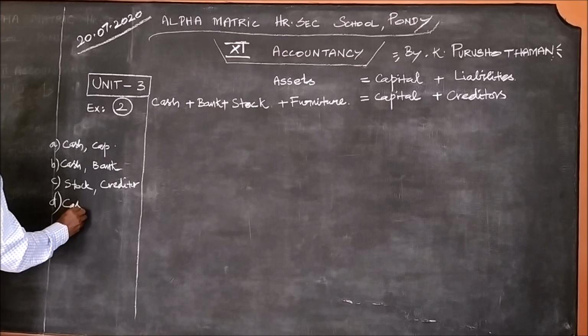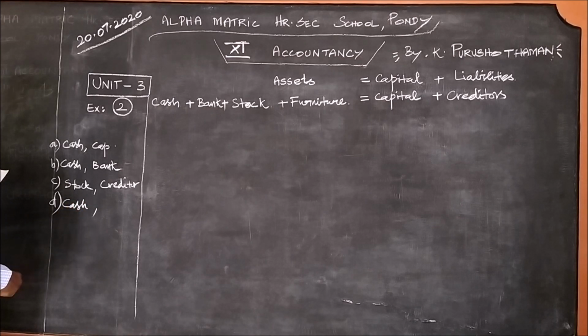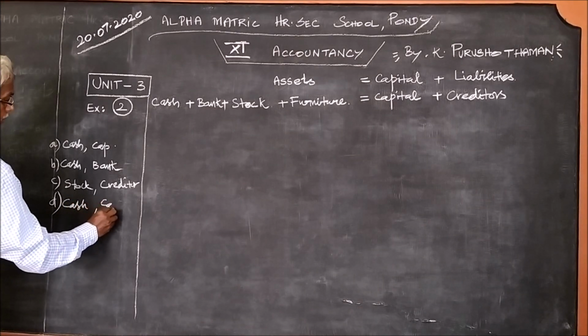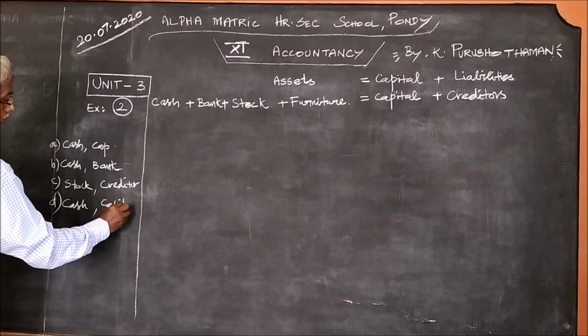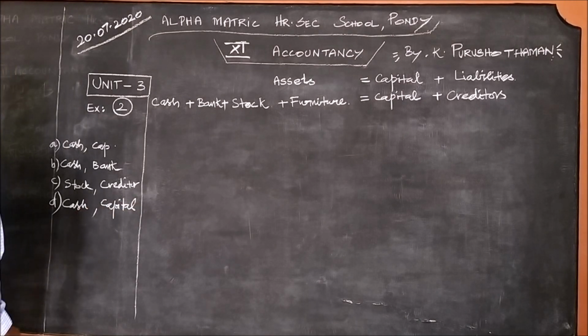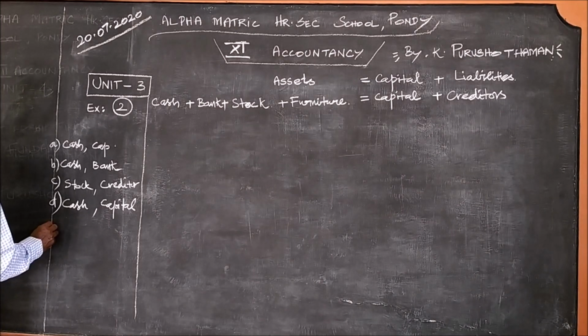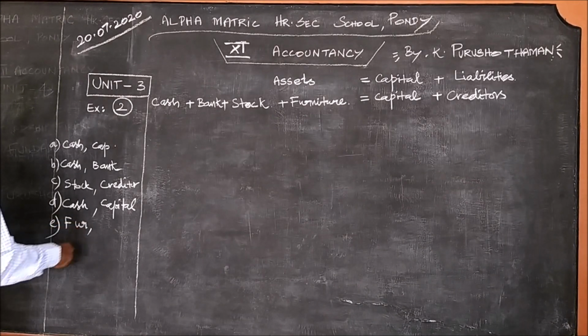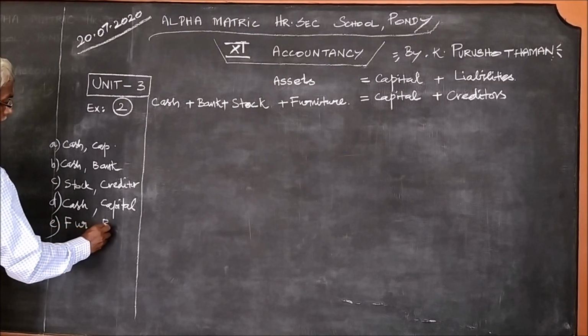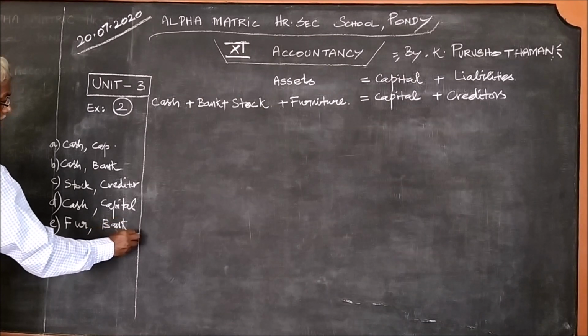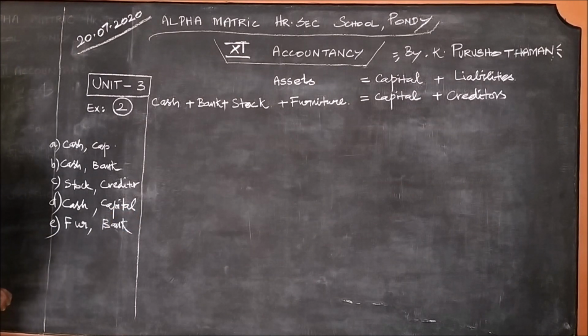This is related to cash and capital. Bought furniture by using debit card. Furniture, and when you use a debit card, the bank is paying.